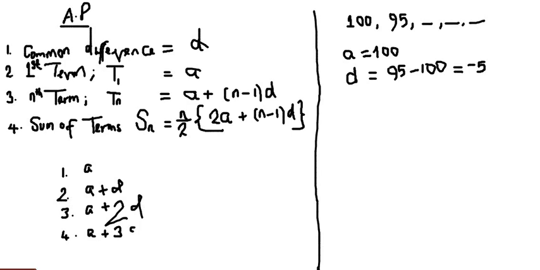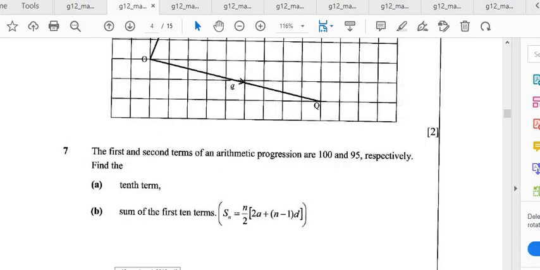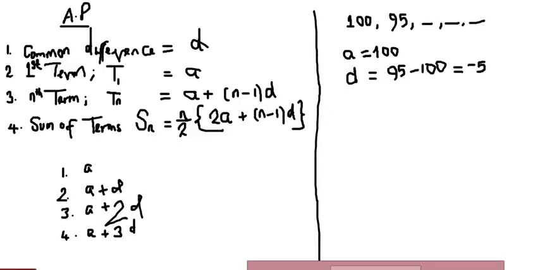So if you follow this rule, you can find any term by following this expression, A plus n minus 1 D. That's why it's important that you know what the A is and what the D is, because once you know the A and the D, then you can work around any situation involving arithmetic progression.